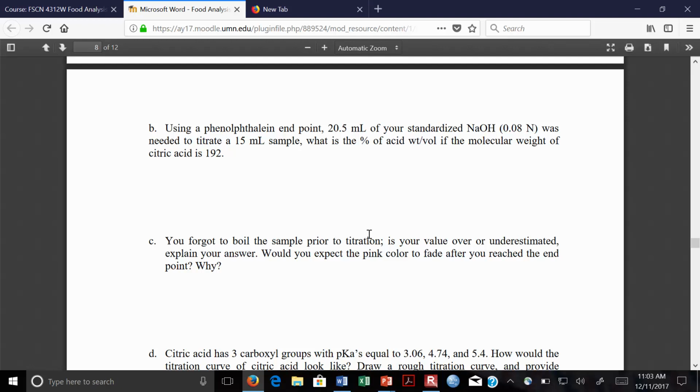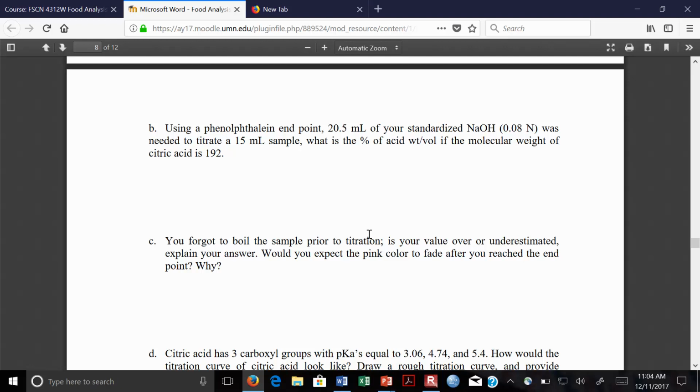So to be safe, draw 3 buffering zones. So let's say we started here, 2. I go up, titrating, I see a buffering zone around 3.06, and then I titrate, I see a buffering zone at 4.74.